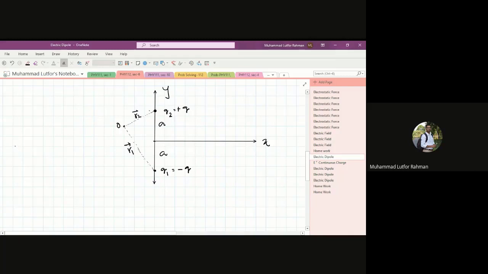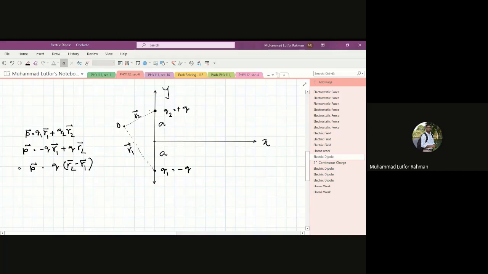So this P would be Q1 R1 plus Q2 R2, right? Now this Q1 is minus Q into R1 plus Q into R2, right? Then P could be written as, I can factor out Q, it should be R2 minus R1.